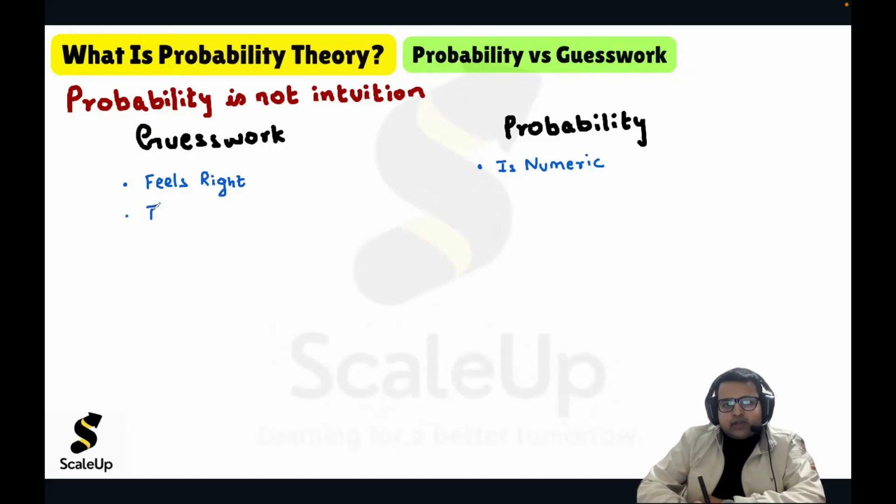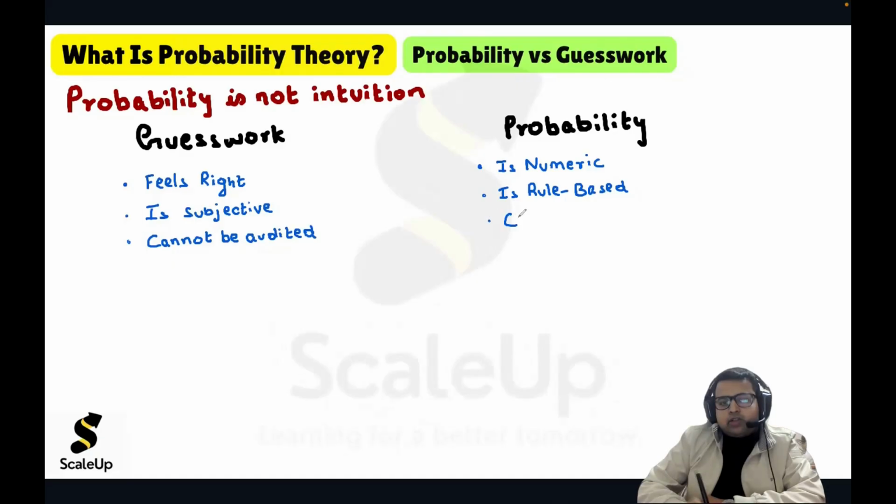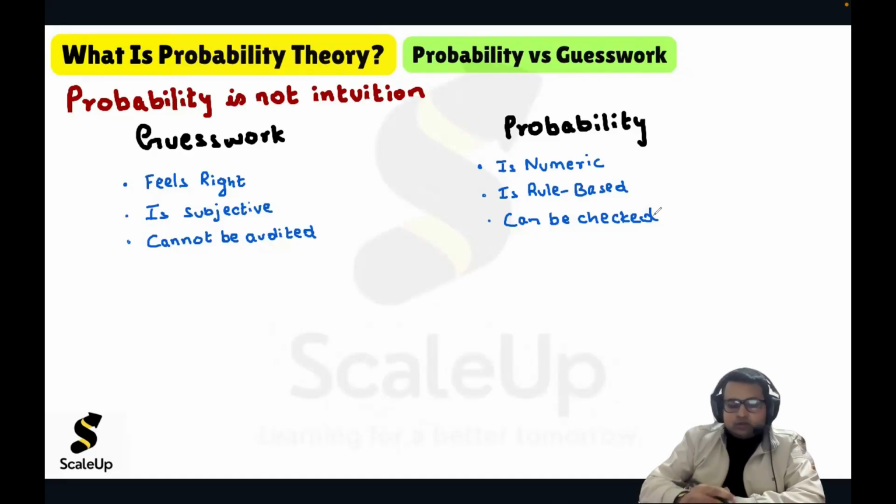So guesswork is subjective because no quantification is involved. But probability is rule based. Guesswork cannot be audited, but since probability is rule based and numeric, it can be checked. So now we have a very clear understanding of why probability is not intuition and not guesswork, because probability is rule based, numeric, and can be checked.